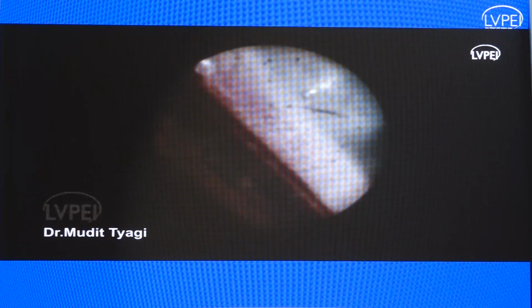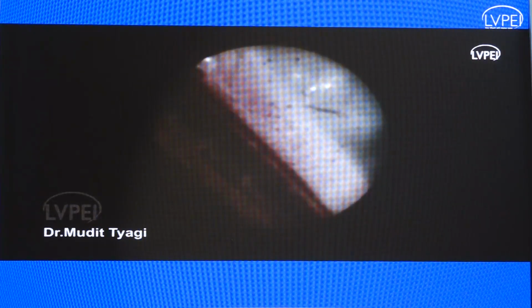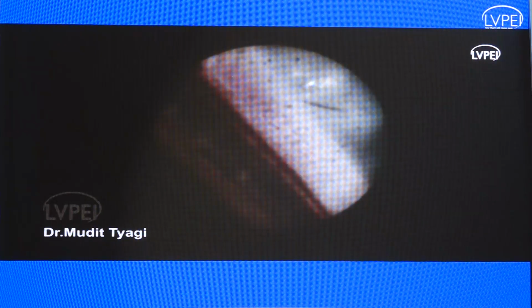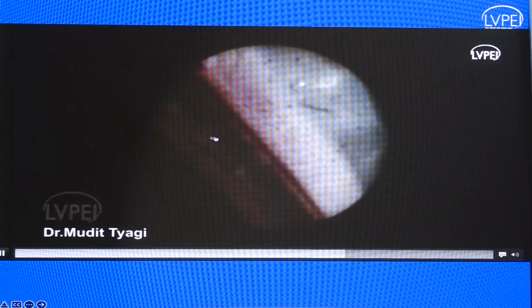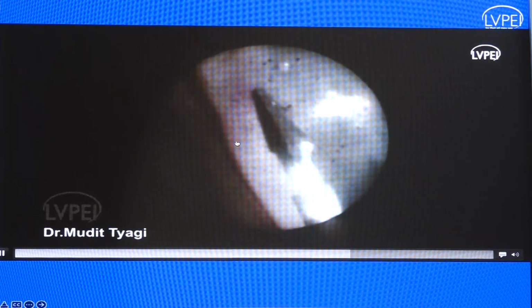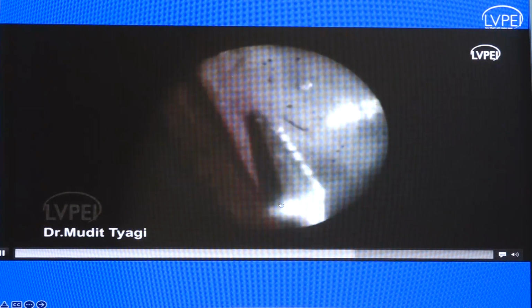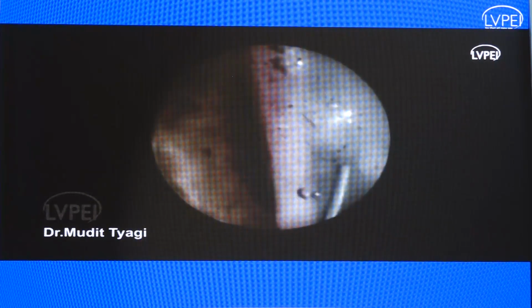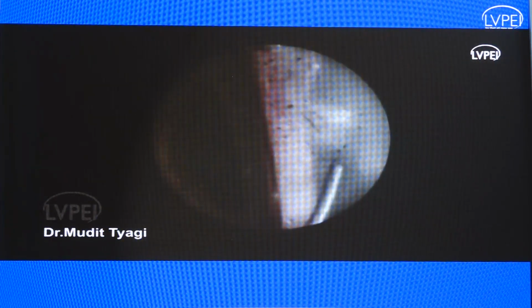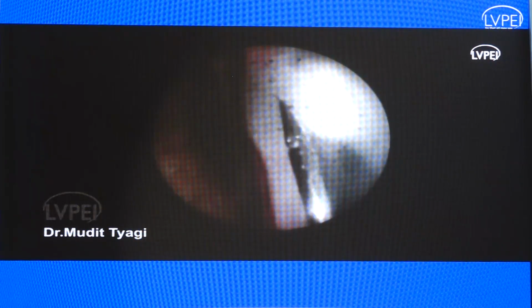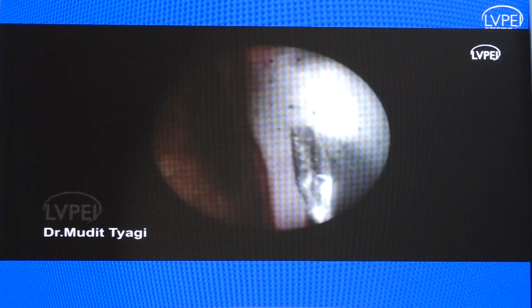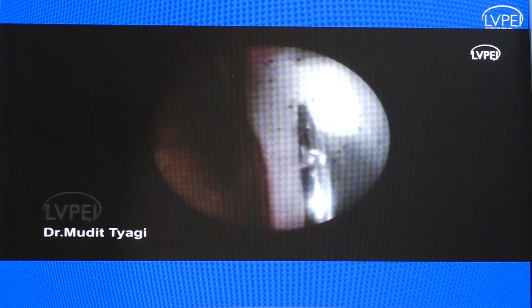So the reason I'm showing this is that sites which were earlier not accessible to us can now be visualized with the help of an endoscope. And subsequently we just went with the forceps, grasped the stinger and brought it out. So this was the stinger which was causing all of this toxic keratitis, and we could grasp it from the other side and bring it outside.